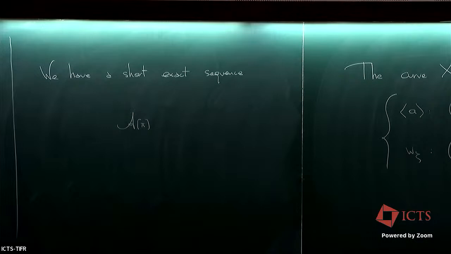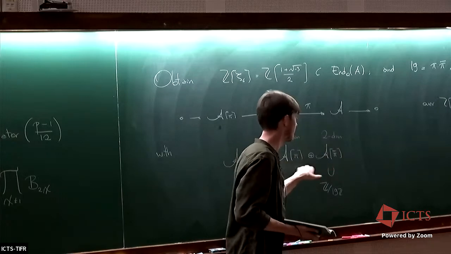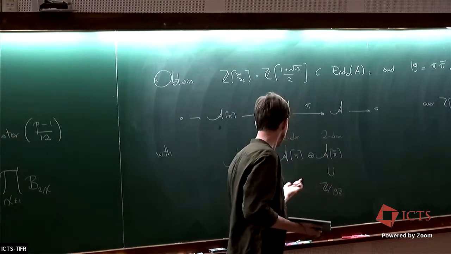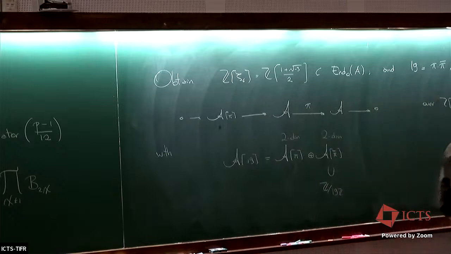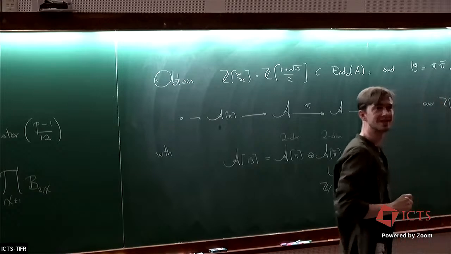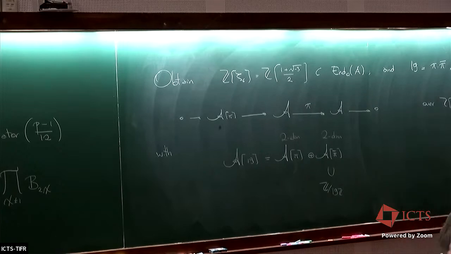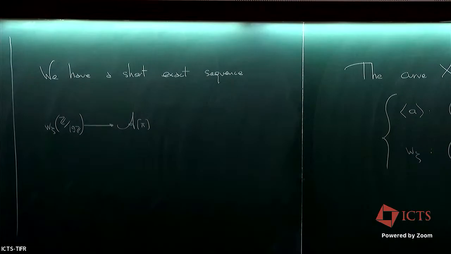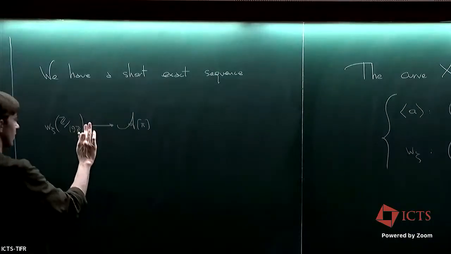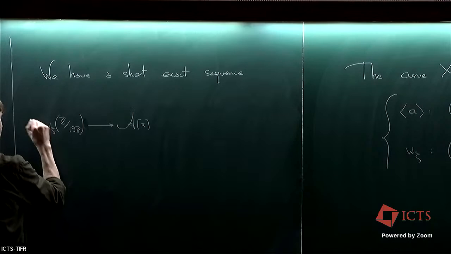So w zeta of this will lie in A[pi], and that's because this zeta will act by conjugation on the pi. So it'll switch from this factor to this factor. And of course, there's a choice of a zeta involved, but it doesn't matter which choice you make. Any other choice will just be a translate along this line. So it'll be the same module. So a priori, because this thing is not defined over Q, it would seem that this w zeta of Z modulo 19Z wouldn't be defined over Q at all, but in fact, it descends to something over Q by what I just said. So that sits inside of there, certainly.